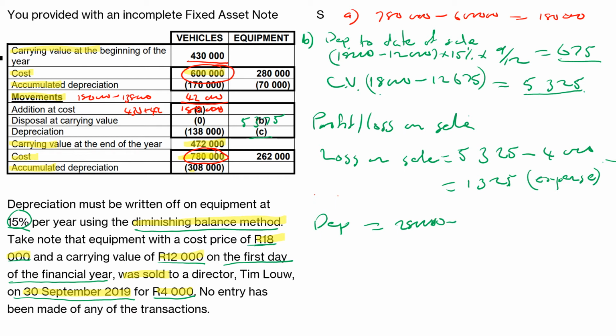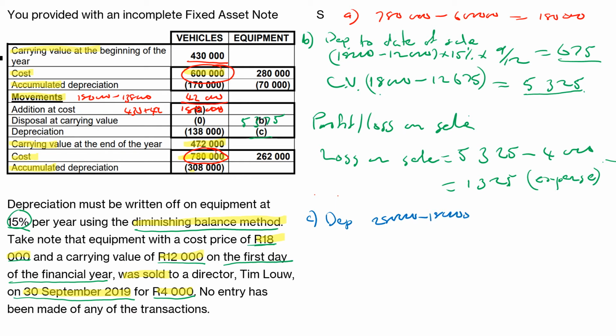Let me just use a different color here so that they're color coded. So for our depreciation, that is C, that will be 280,000 minus 18,000.